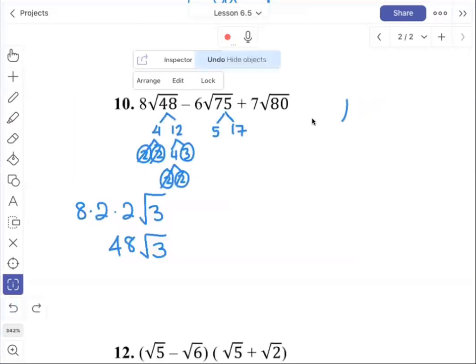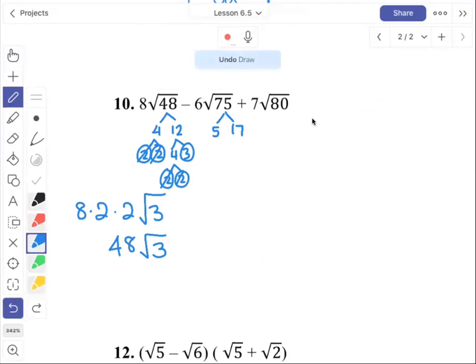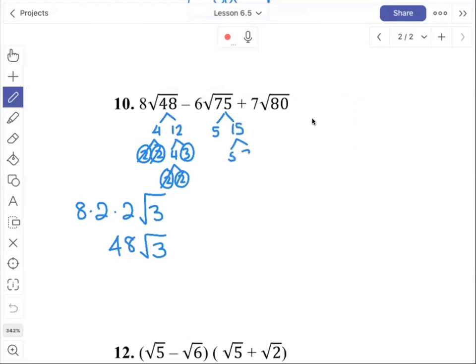Okay, 5 and 15. And then this is 5 and 3. All right, so I can pull out my 5, and I'm still left with a 3 on the inside.